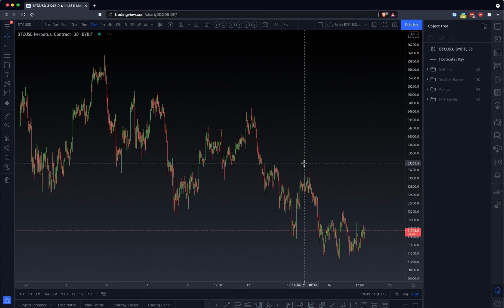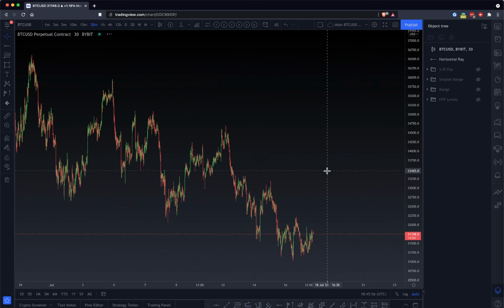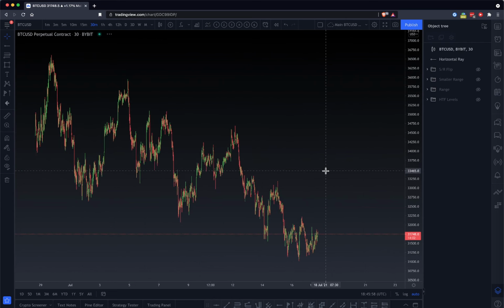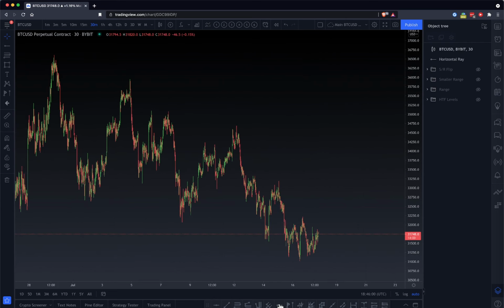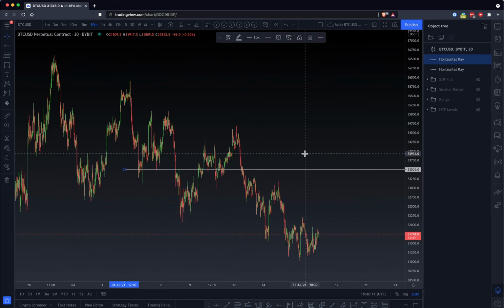It's a very important level to claim, and it's a massive resistance. If we can have only one resistance on the chart, I would put this one right around this region.